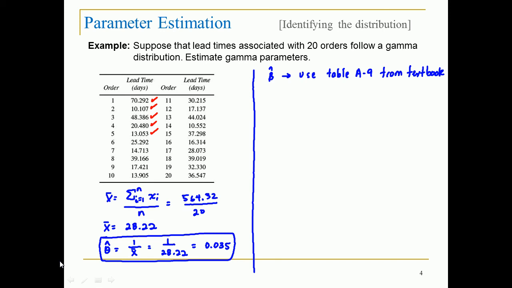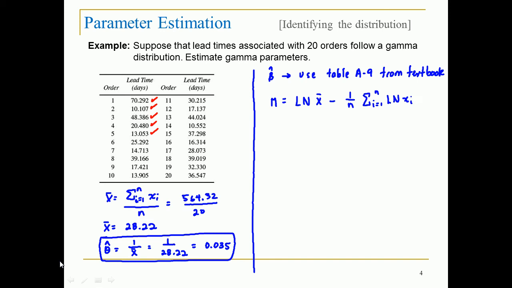And the first thing that you will have to do is to compute the value for m. So m is going to be equal to the logarithm of x bar minus 1 over n, the summation from i equals 1 to n of the logarithm of each observation.